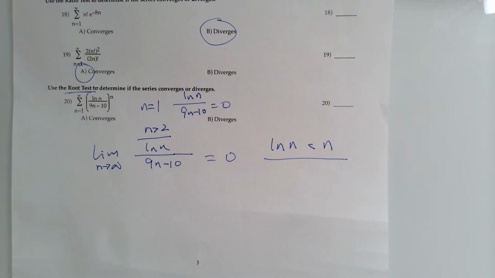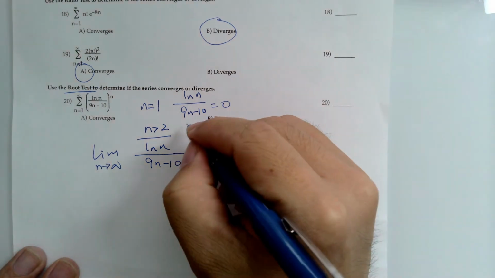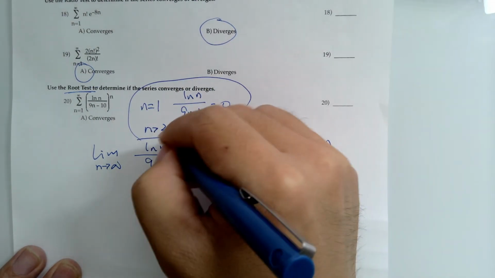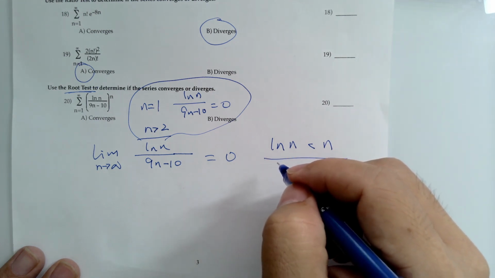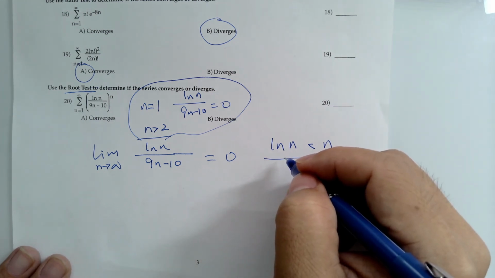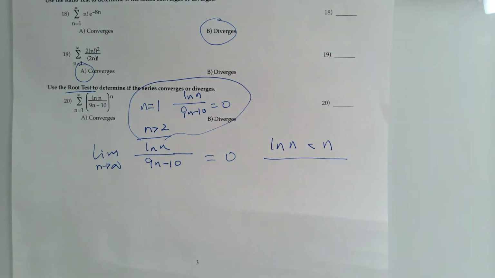So this is all. And then when this is 0 here, what can we get?